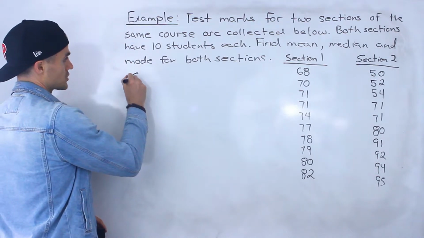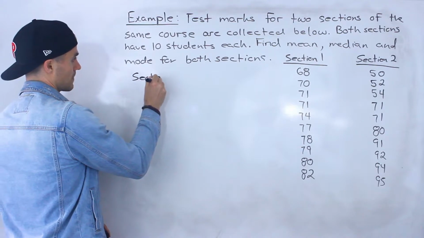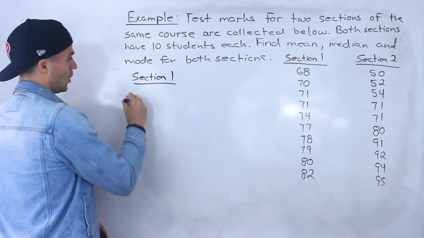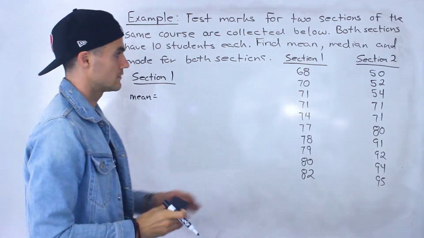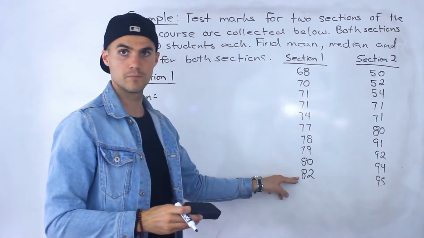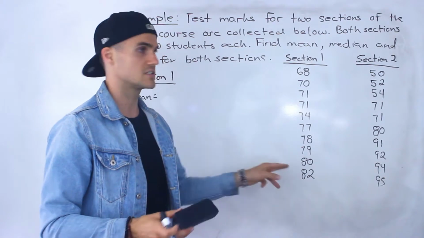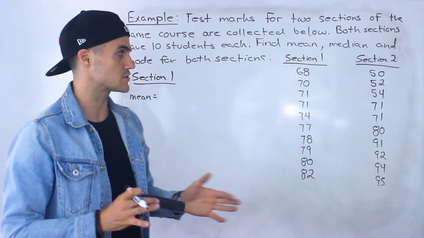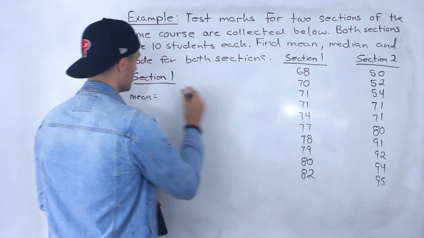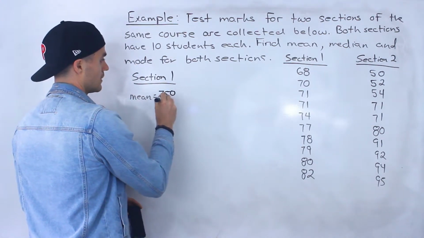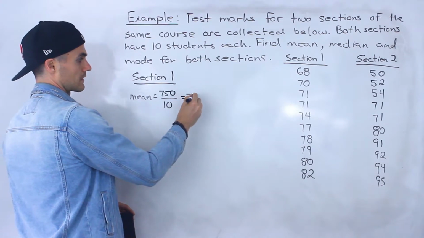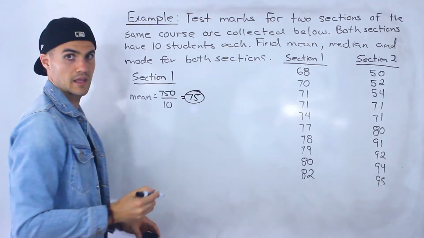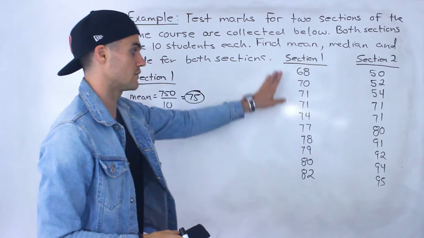So starting with section 1, what would the mean be? If you remember, the mean is the sum of all these values divided by the number of observations. If you sum all these numbers up, you would get 750 divided by 10, so 75 is the mean of this section.